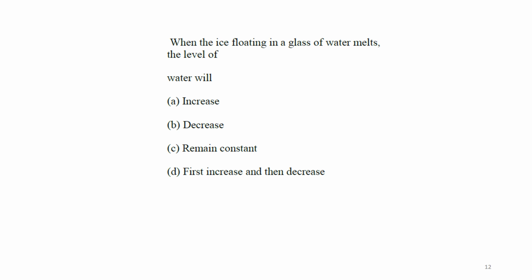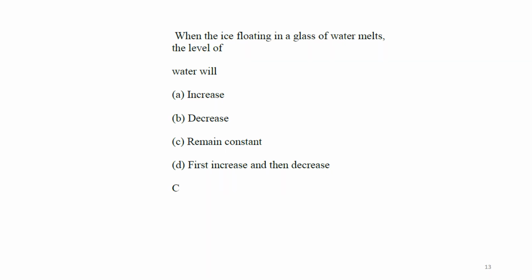Next question. When the ice floating in a glass of water melts, the level of water will increase, decrease, remain constant, or first increase and then decrease. Actually this will remain constant.